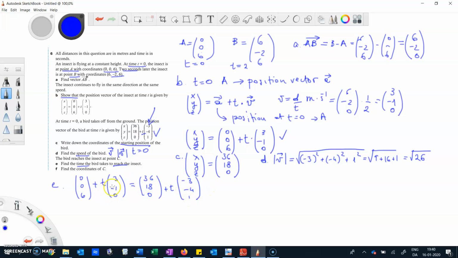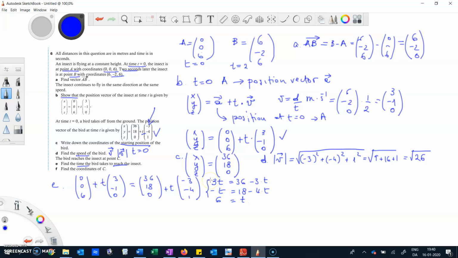What is special about this situation is that, as you can see, we have 3 equations, one for the x component, one for the y component, and one for the z component. But all 3 equations, now I'm going to write them down, contain t. For example, we're going to have 3 times t equal 36 minus 3 times t, minus t equal 18 minus 4 times t, 6 equal 0 plus t.